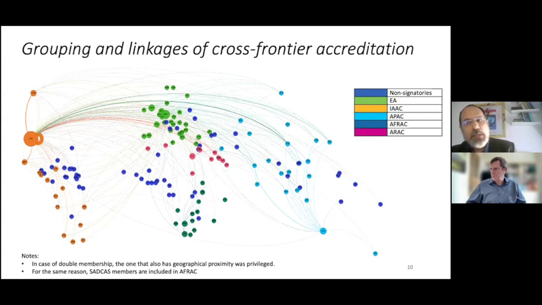So here we can make an analysis where we consider 5 of the cooperation bodies, understanding that the members of the South African region are within that continental association, and we also privileged countries that were geographically close. And in the graph, we can see some of these relationships and the importance of these links.